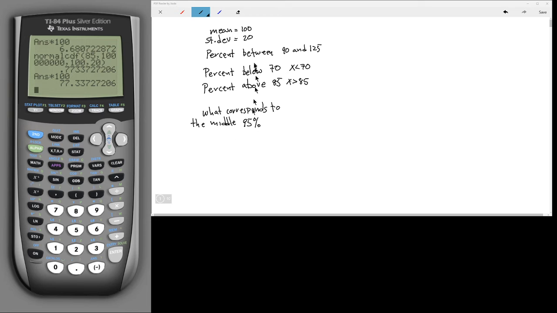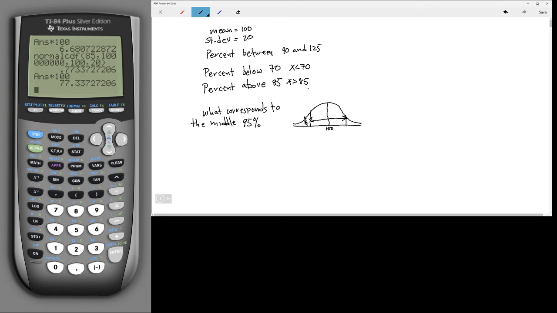If you're looking for the endpoints, which correspond to a middle part of your probability graph, I'm going to come over here and we're going to look at what that means. So I've got my probability graph over here, my normal distribution. The middle is the mean, so for us the middle is 100. I'm interested in the middle 95%, so that means 95% of the curve lies between these two values.